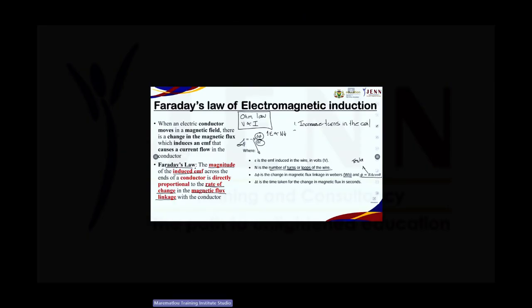My second thing that I can do, if we look at the change in magnetic flux, is increase the strength of my magnet. Remember, with the increasing of strength, you can't say I'm using a bigger or a smaller magnet.